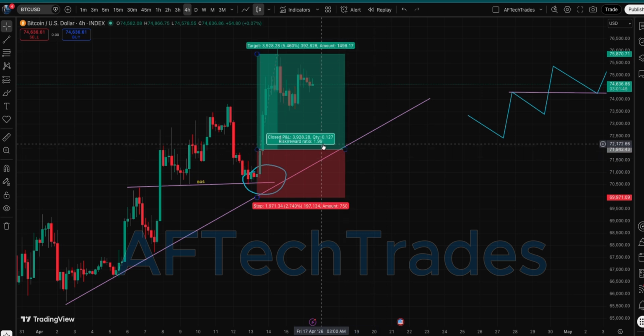Okay, so now the checklist is easy. What you need to do is to make sure that there is a trend, either uptrend or downtrend, right? And you have noticed that it has started forming swing highs and swing lows, probably in an uptrend, higher highs and higher lows. You have clearly seen that, right?